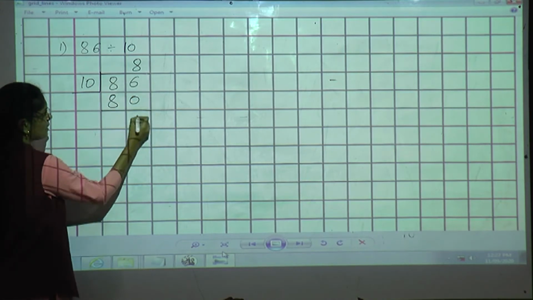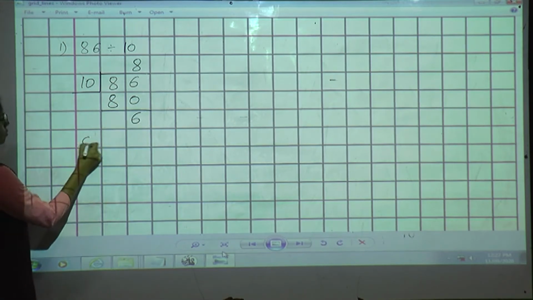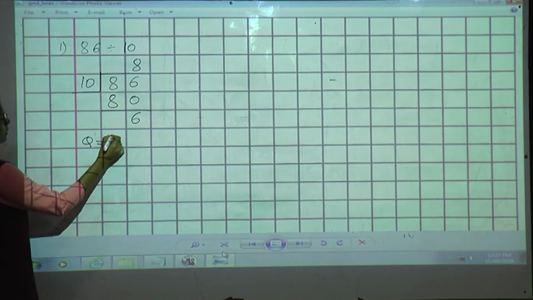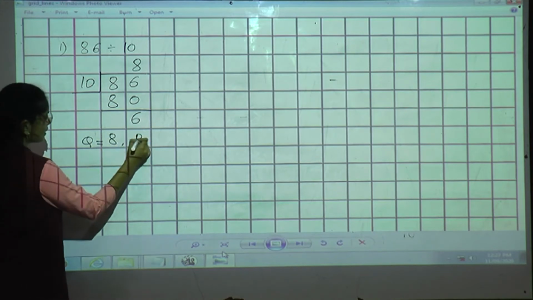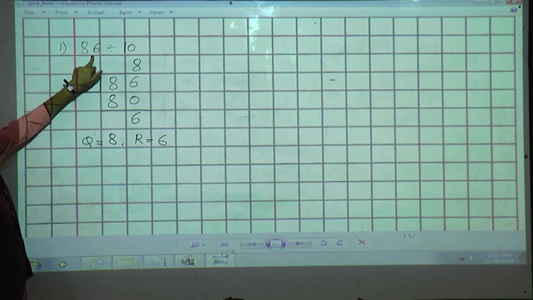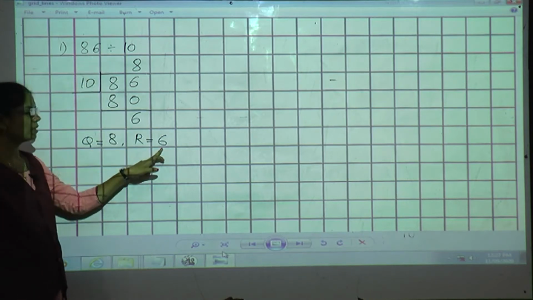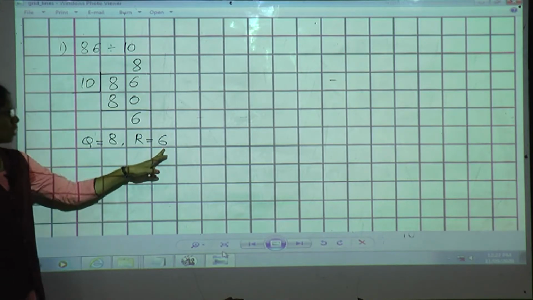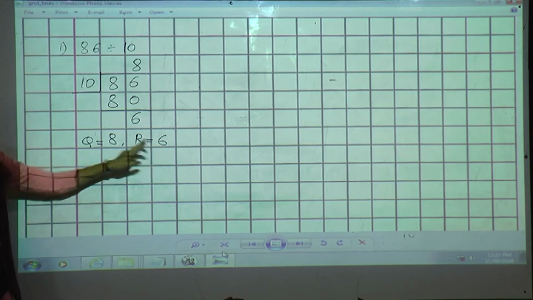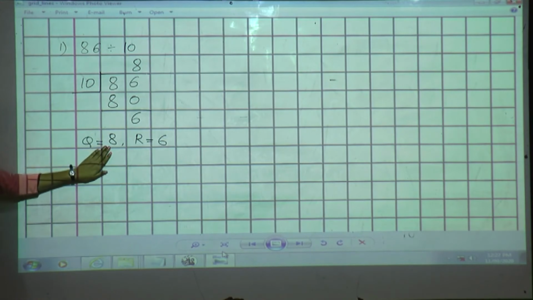Now 86 minus 80, remainder 6. So the quotient is 8 and the remainder is 6. In 86, the ones place 6 is the remainder, and the remaining number 8 is our quotient.